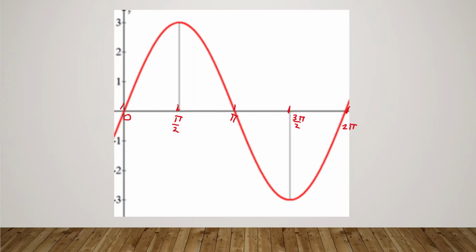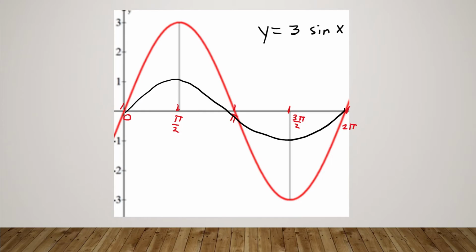So this function is going to be the graph of y is equal to 3 sine x. So we talked about putting a number in front of the function and how that caused the amplitude to stretch. So again, remember that your normal sine graph just goes up to 1 and comes back down, and then goes down to -1 and comes back up.